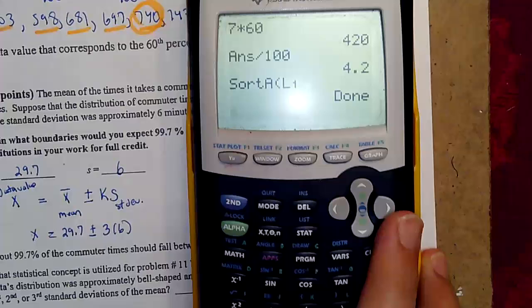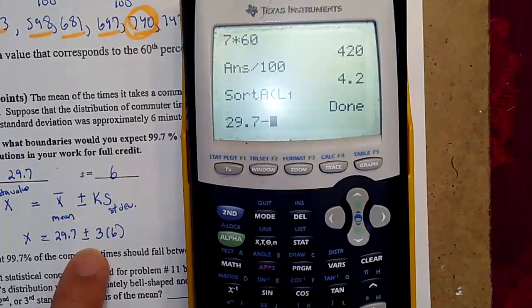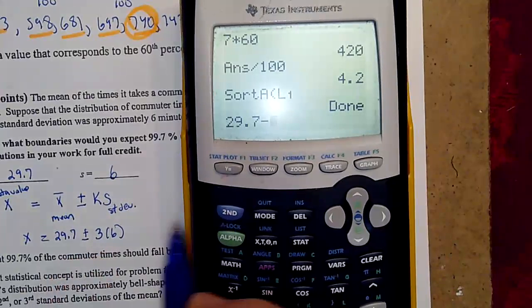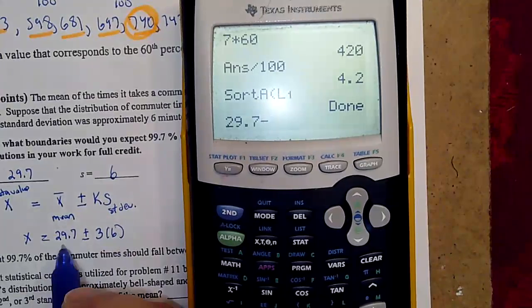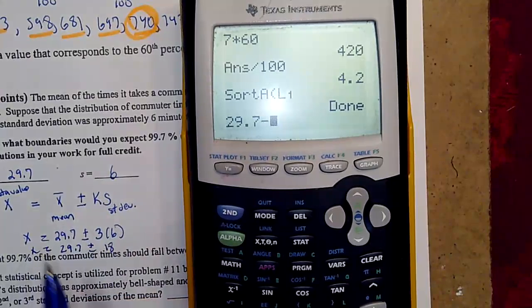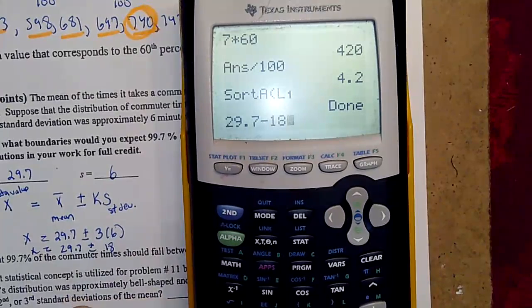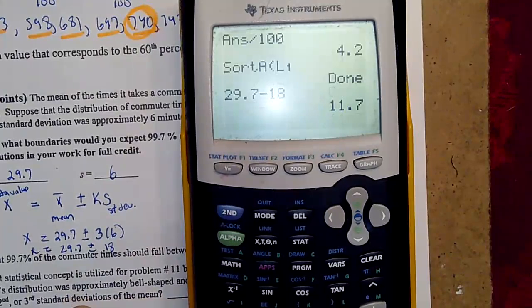So I'm going to do 29.7. And I think I'll do the one with the minus first. Minus, and 6 times 3 is 18, right? So this is 29.7 plus or minus 18. 6 times 3 is 18. So that's minus 18. 29.7 minus 18 looks like 11.7.